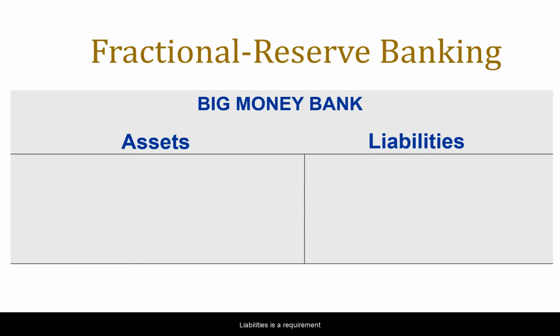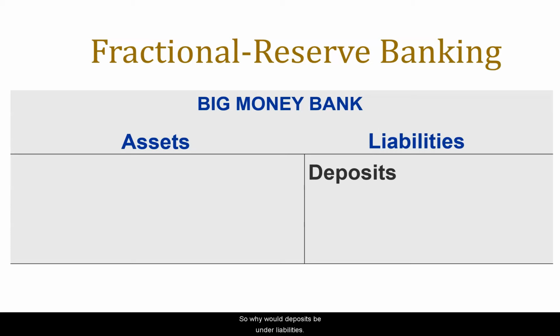Liabilities is a requirement to pay money in the future. So all banks have checking deposits or demand deposits under liabilities. And these are deposits made by businesses and individuals.